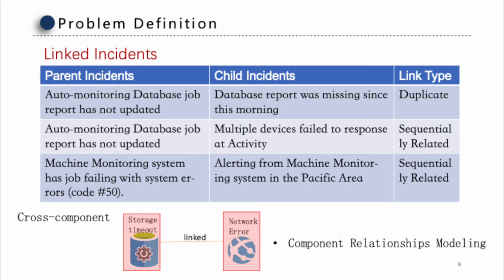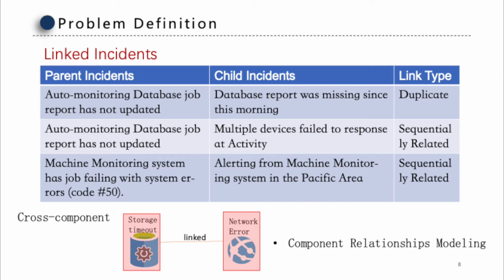If we treat these incidents independently, it will largely ignore the rich information of the system interdependencies. As a result, in practice, linking these incidents together can significantly help engineers understand the specific incident and better fix the incidents.